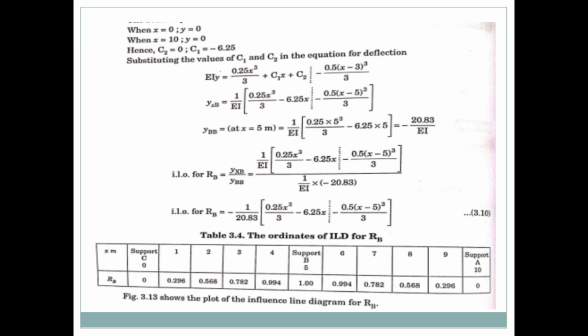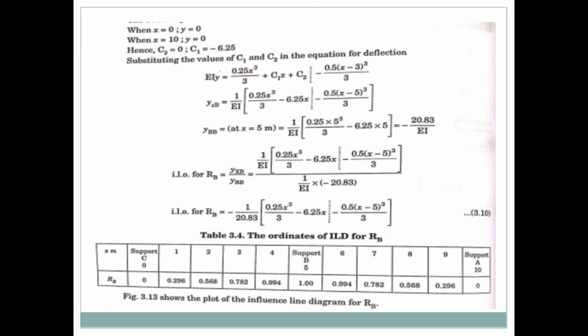By using this, you apply intervals of 1 meter and find the influence line ordinates. At support C, x equal to 0, RB is 0; for x equal to 1 meter, RB is 0.296, for 2 meters 0.568, for 3 meters 0.782, for 4 meters 0.994, and at support B, 5 meters, it is 1.